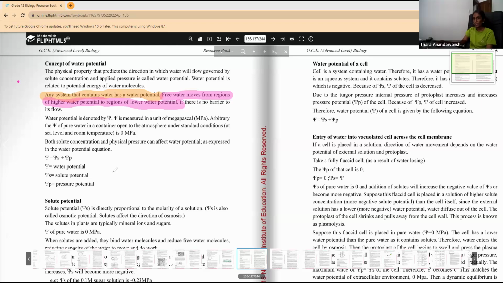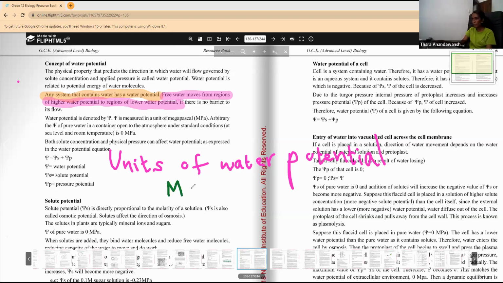Right, the next topic, units of water potential. There are two units that we often use. Number one, megapascals, that is the standard unit here. M capital, P capital, A simple, megapascals. And we will use kilopascals as well. Kilo, K simple, P capital, A simple.